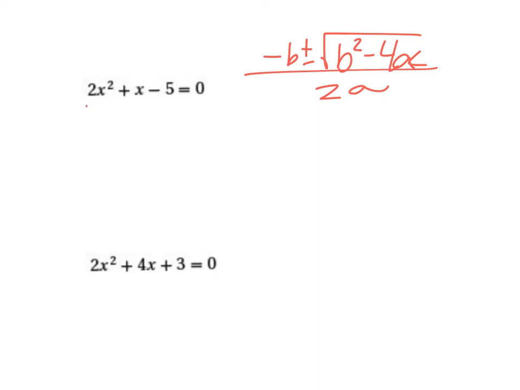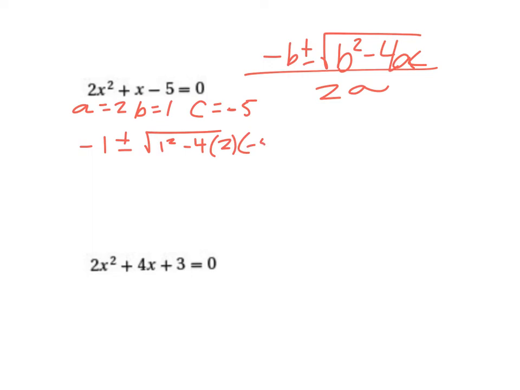So if a is 2, b is 1, and c is negative 5, I can just plug into this formula. I get negative 1 plus or minus the square root of 1 squared minus 4 times a times c, all over 2a, 2 times 2. Now remember, we talked about in class how there are two negatives here, and so that's going to make a plus in between.